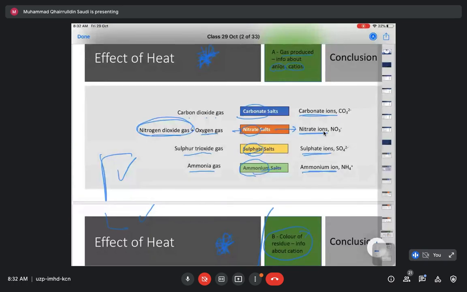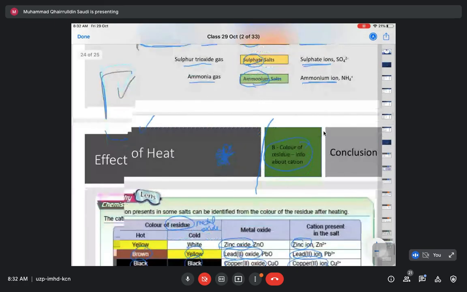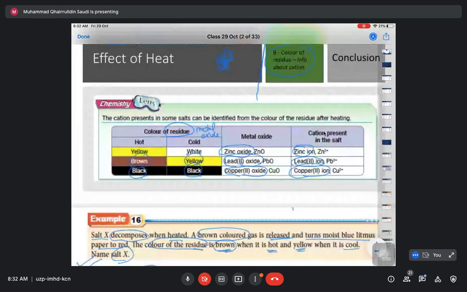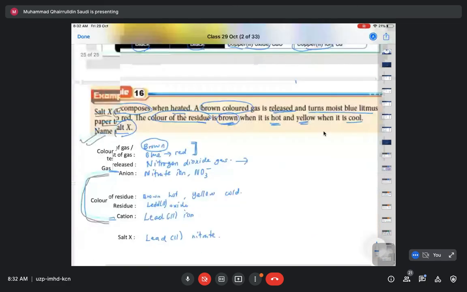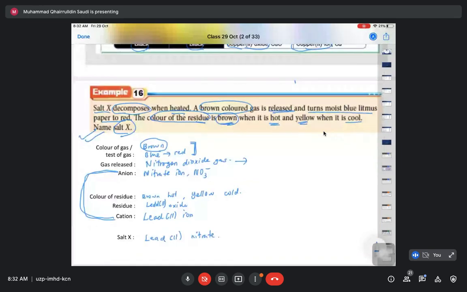Bila awak dah tahu dia salt apa, daripada colour of the residue pula, awak tahu dia punya cation. Zinc ke, lead ke, copper ke, ataupun kalau tak ada warna, dia akan bagi tahu kat awak metal tu apa. Kemudian awak boleh tahu apakah salt awak. Inilah your ultimate goal untuk identify salt.